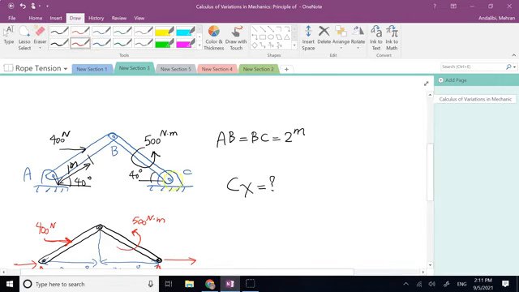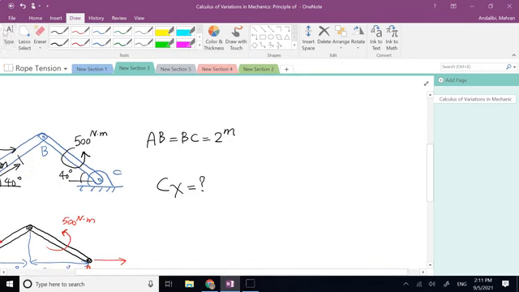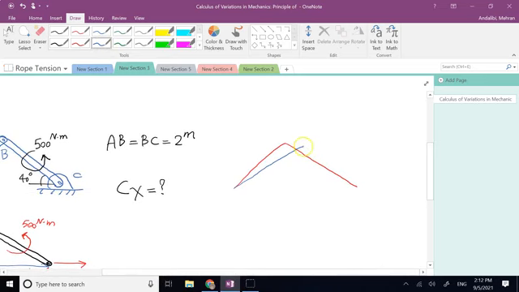So let's say, for example, I assume that the point at C can move horizontally. Okay, so it goes from this position that it has, right? So if this is the original configuration it has at 40 degrees, now let's say it moves a little bit and now it goes to something like this.